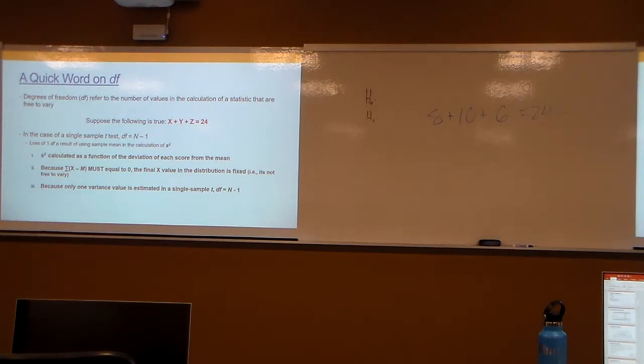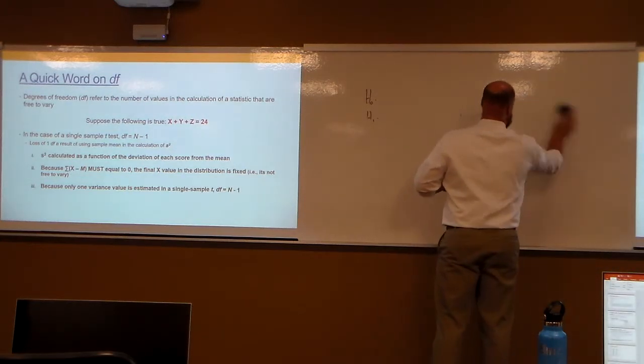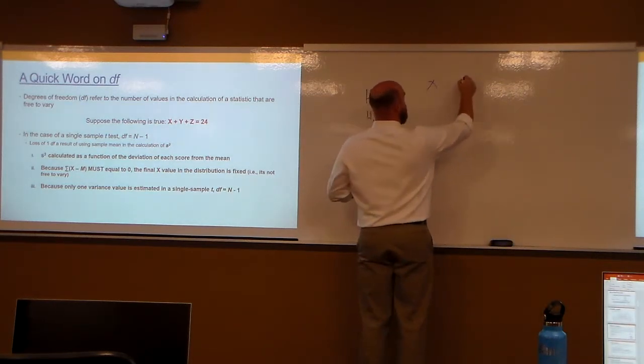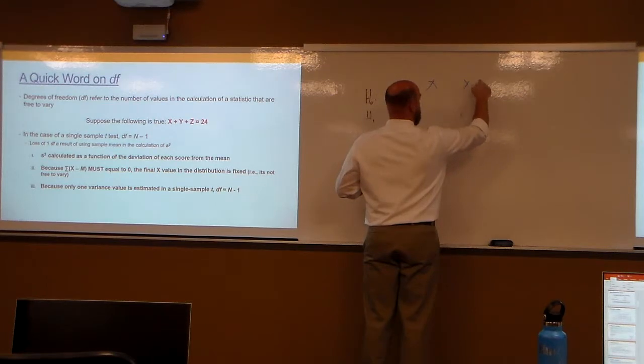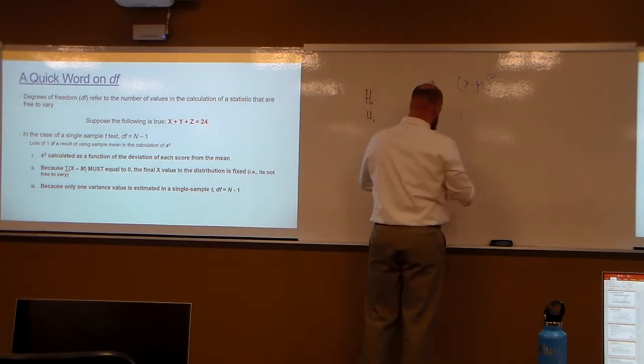So if you remember when we're calculating our variance, we're going through, and here's X, right? And then we have to take our observation minus our mean and square that, right?